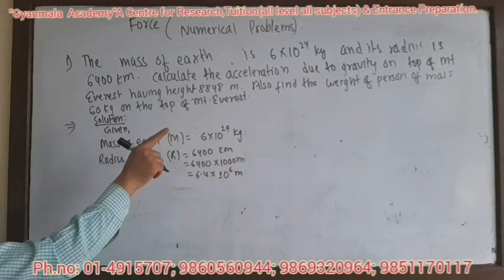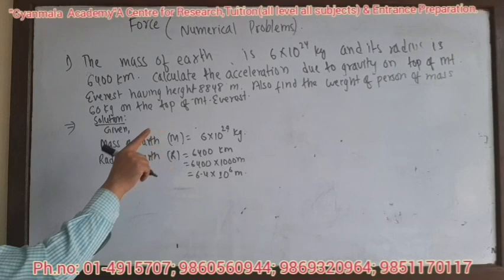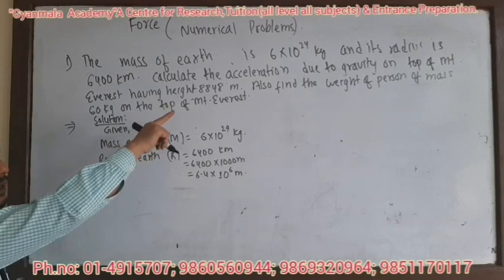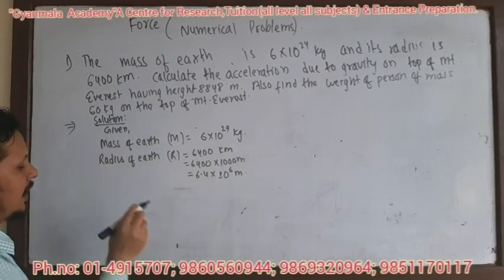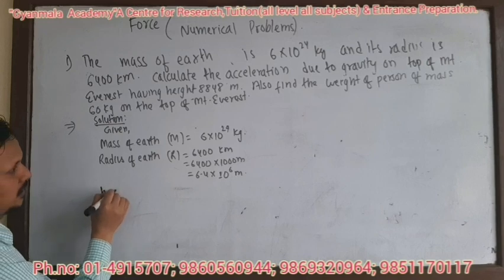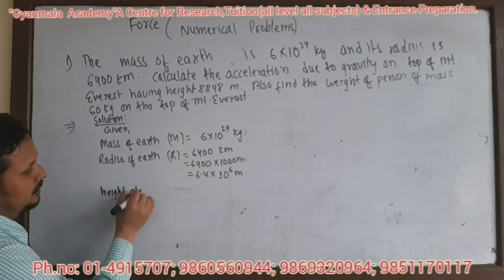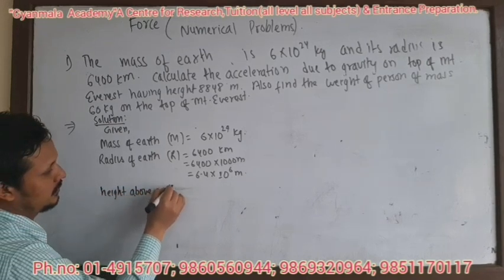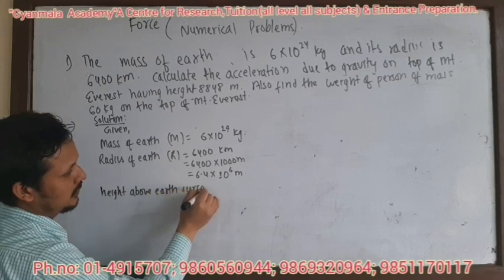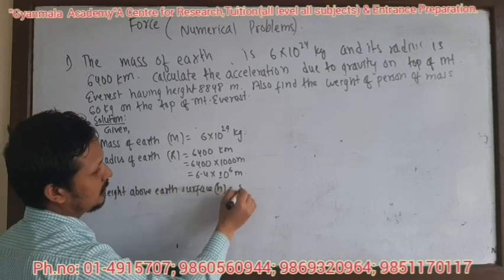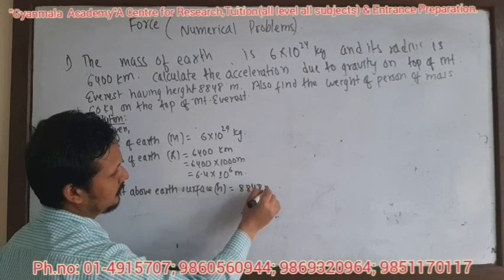We are asked to calculate the acceleration due to gravity at a certain height, at the height of 8848 above the Earth's surface. So height above Earth's surface, h equals 8848 meter.